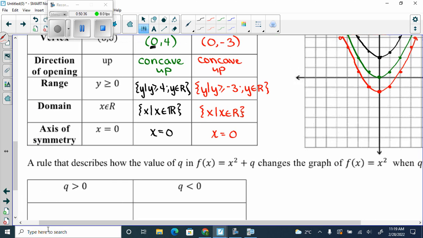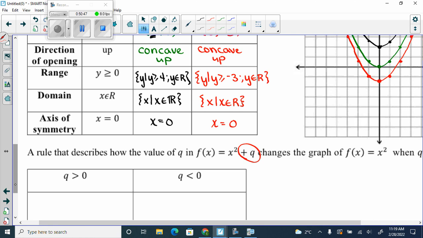So our summary here: if q is greater than 0, what's happening? The graph is moving up. I see some people pointing.